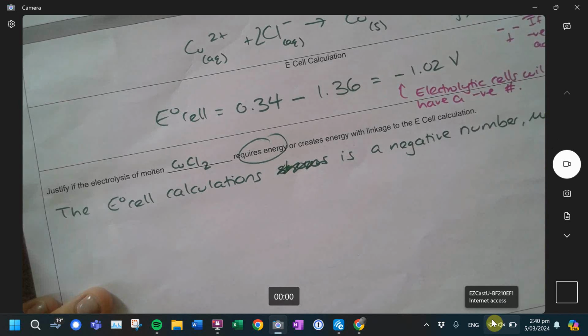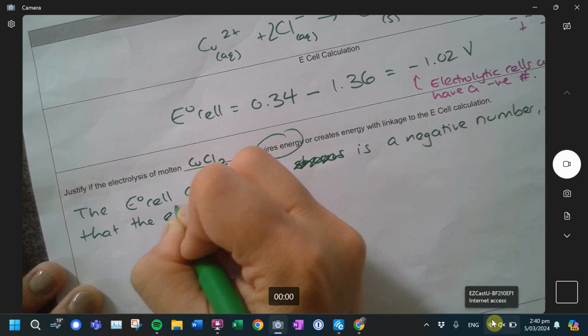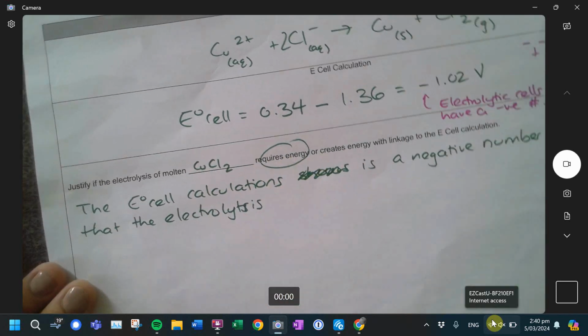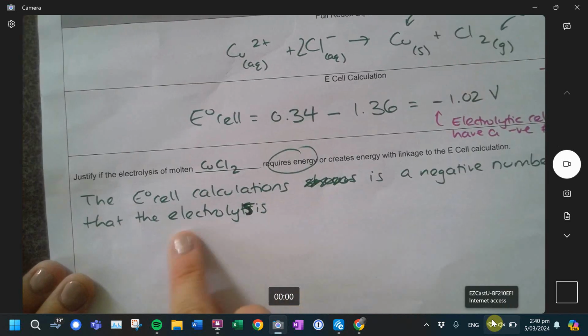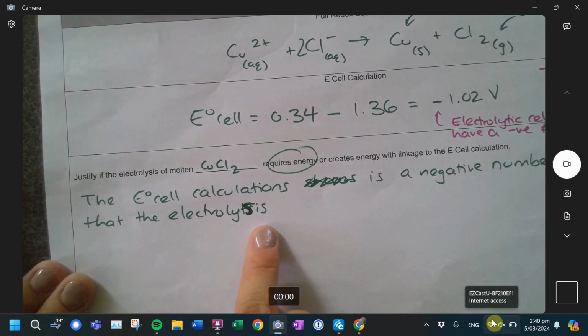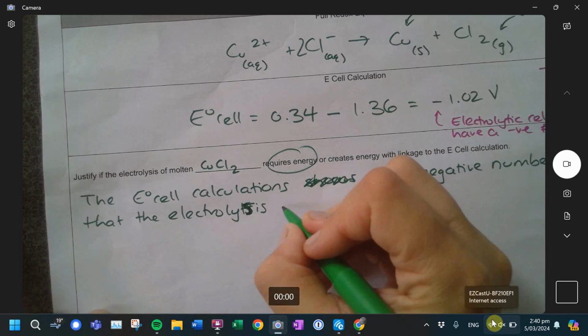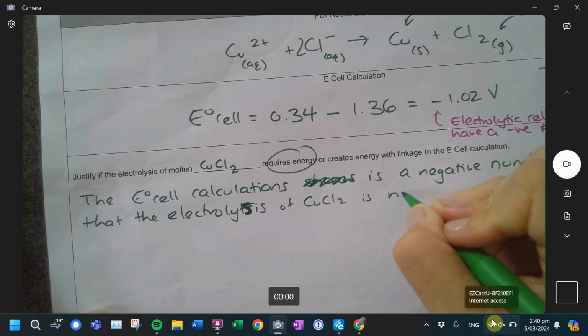Meaning that the electrolysis, and just as a reminder, when we talk about electrolysis, oh my goodness, cannot spell electrolysis. So electricity, lysis, to break apart. So it ties in with the words you've been learning the other way. So you heard lysis and like cell lysis, cells break up. So meaning that the electrolysis of copper chloride is non-spontaneous.